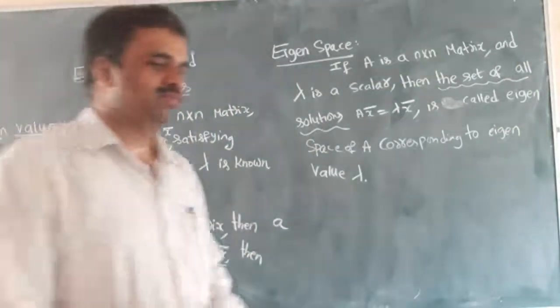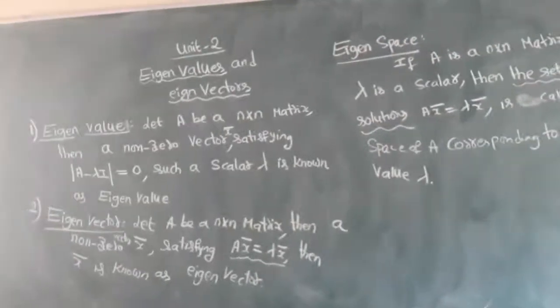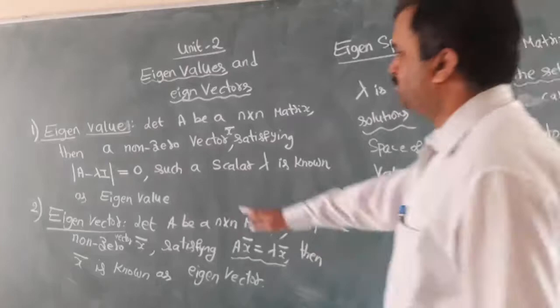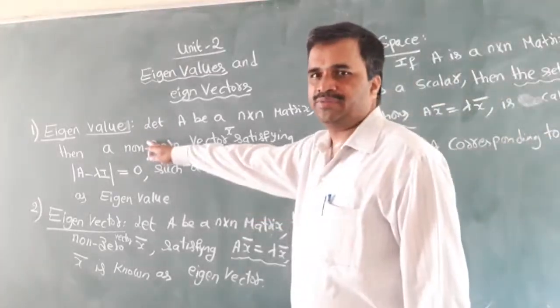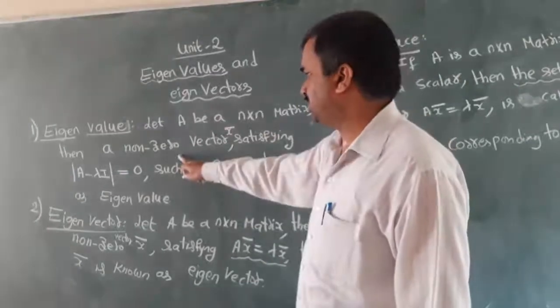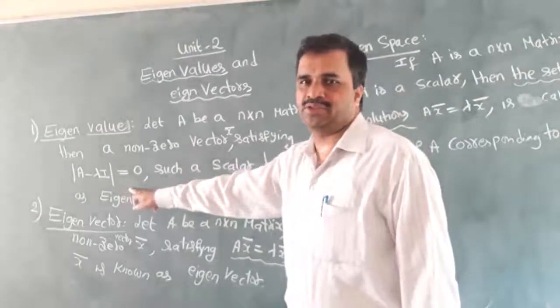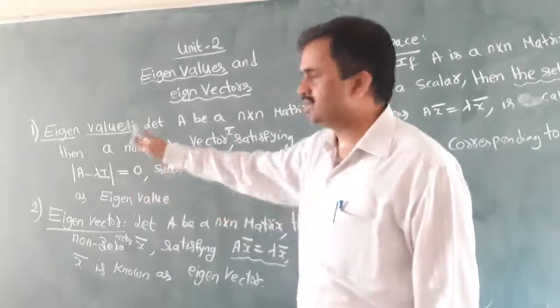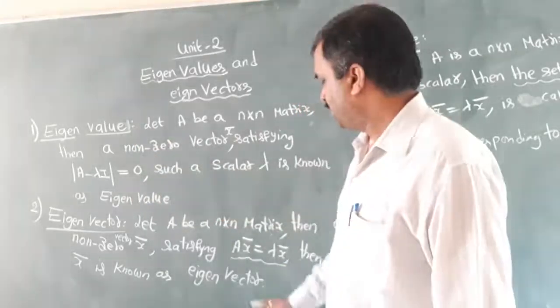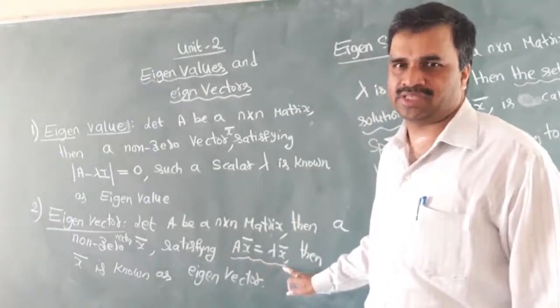Write first. So three definitions discussed. The first one is eigenvalue. Let A be an n by n matrix, then a non-zero vector x bar satisfying the determinant of A minus lambda I equal to 0, then lambda is known as an eigenvalue. If the condition A x bar equal to lambda x bar is there, this x bar is known as an eigenvector.